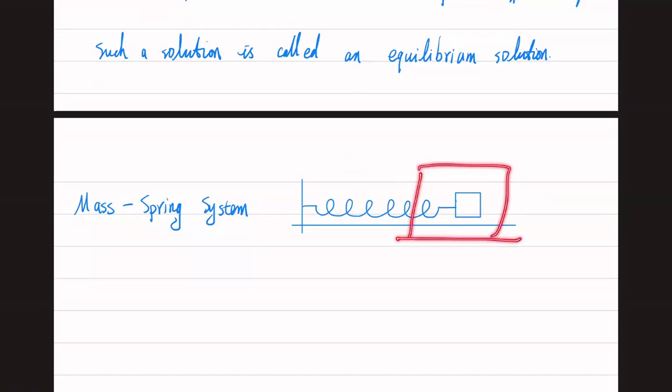Now we want to give a mathematical model for this. We want a model of how this changes in time. Again, there are different models. We will start with the simplest one.